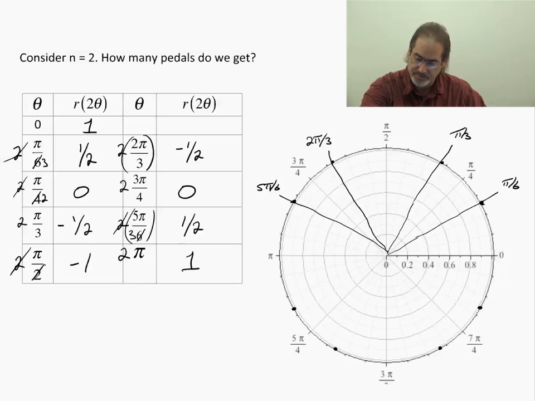From 0 to pi, when theta is 0, radius is 1, so I'm going to be out here at 1. When theta is pi over 6, the radius is a half. So here's my half ring. I'm going to come up and right there, it's approximately a half. At pi over 4, this angle, I'm going to be at 0. At pi over 3, this angle, I'm going to be at negative 1/2, which means I'm going in the opposite direction.